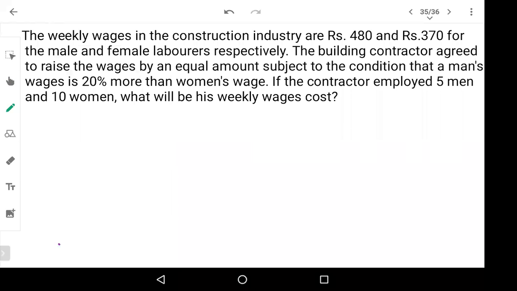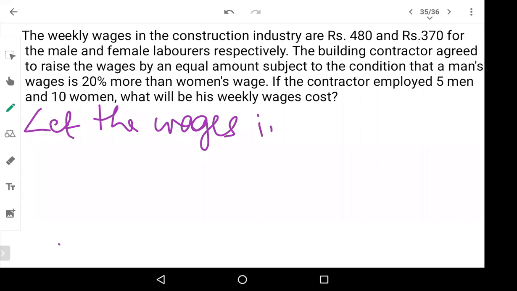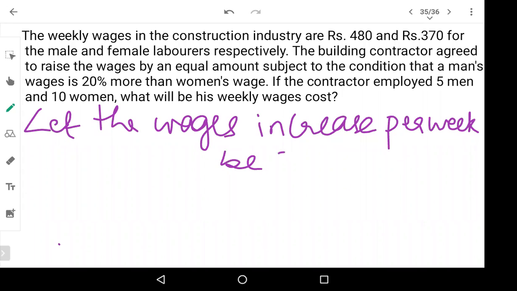Firstly, always define the values in statement problems. So first, let the wages increase per week be rupees X. Wages is salary and it will be in rupees.